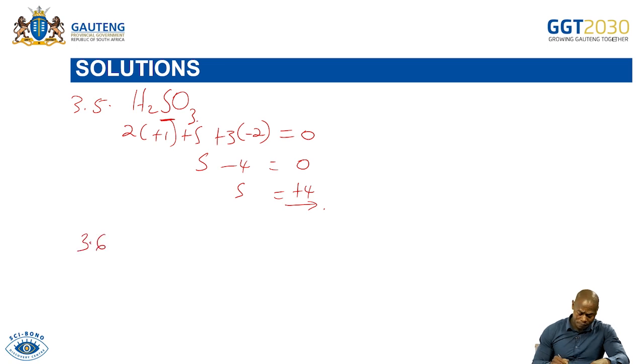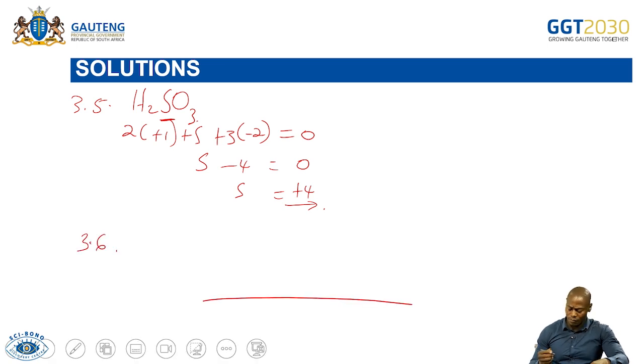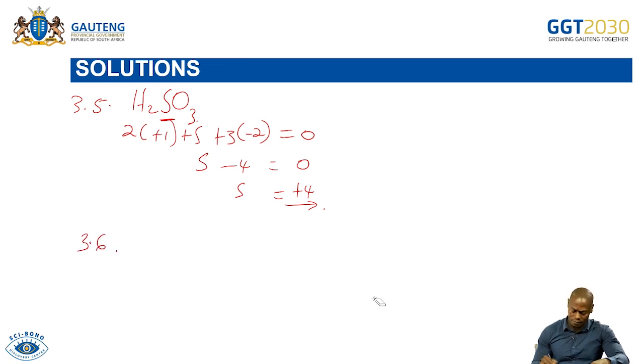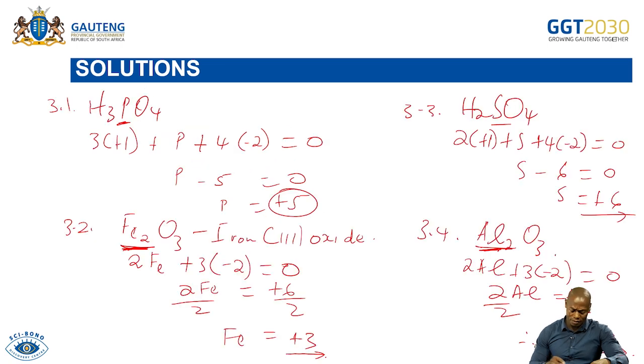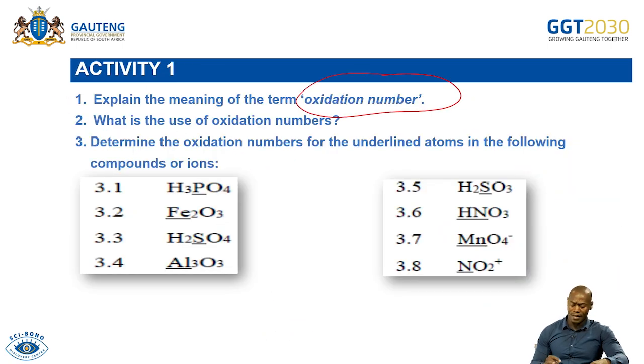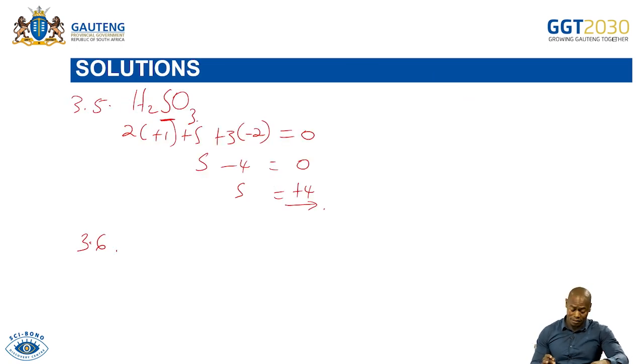Then 3.6. So for you 3.6, it's nitric acid. They're looking for the oxidation number of nitrogen in nitric acid. Okay, so hydrogen, there's only one hydrogen, so I'll just say 1 times positive 1. This positive 1, remember, is the oxidation number of hydrogen.